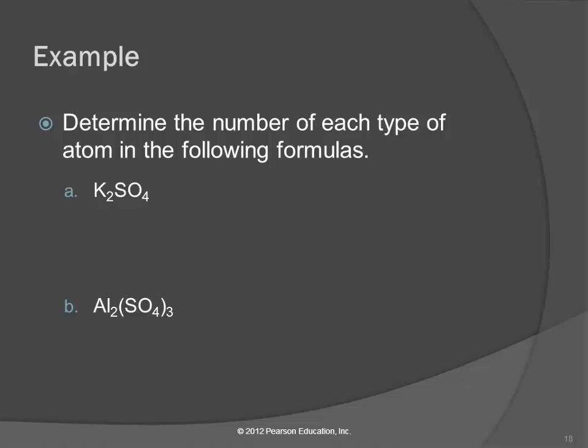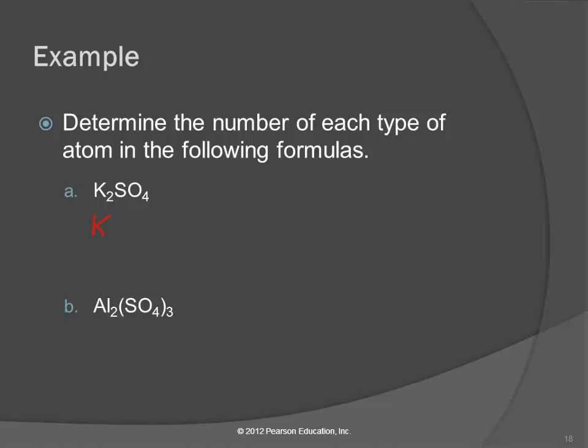So let's look at these formulas and figure out how many atoms of each type of element are in here. This is just understanding what a chemical formula means. So K2SO4, what 3 elements are present?